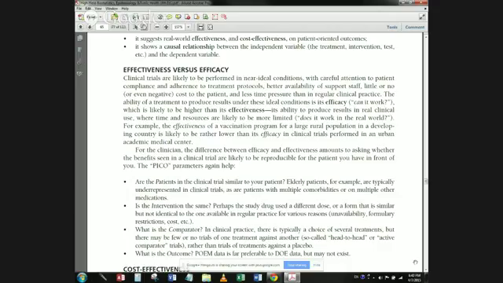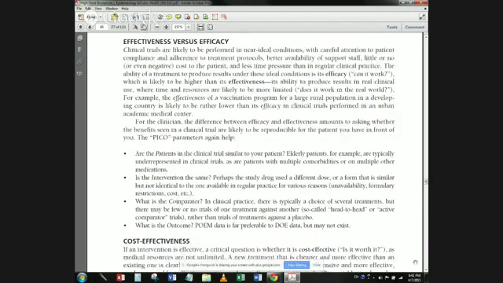In clinical practice, there is typically a choice of several treatments, but there may be few or no trials of one treatment against another, so called head to head or active comparator trials, rather than trials of treatments against a placebo. What is the outcome? POEM data is far preferable to DOE data, but may not exist.